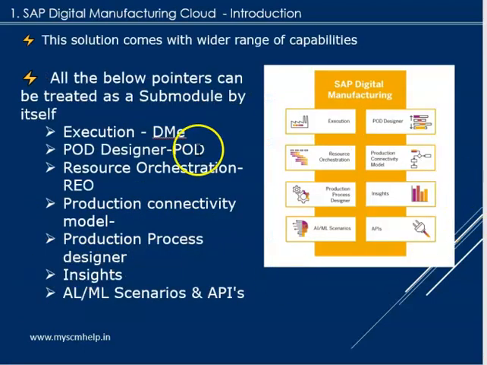In the Digital Manufacturing Cloud, this actually comes with different capabilities. If you see the right side, I have mentioned what all the capabilities are that DMC comes with. One is called the execution, or the digital manufacturing execution. Here, it helps you to get the orders and then confirm them, etc. A POD designer is nothing but the production operator dashboard.